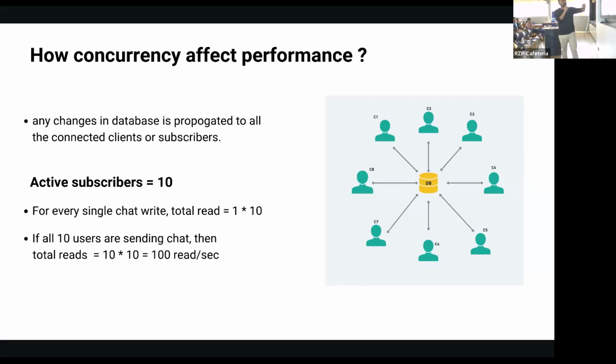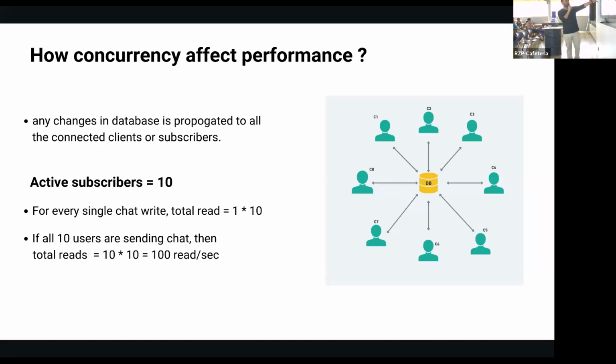Database performance is measured by reads and writes, how many you are doing at the same time. Whenever this user sends a message, instantly all 10 clients are updated at the same time, which means there are 10 reads.